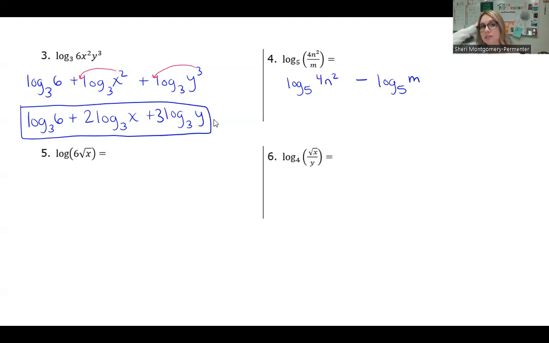Yeah, so that 4n squared, that can be split up. So they're multiplying. So when I split them up, they're going to add. So I'm going to split up this part right here. Very good. And then I noticed that I still have an exponent. So that one's going to have to be rewritten into the front. And then I'm fully expanded.